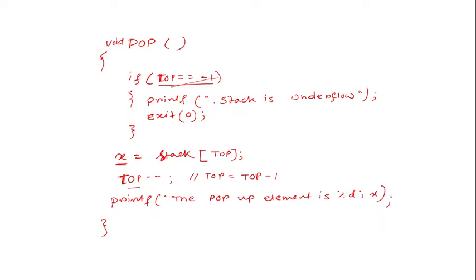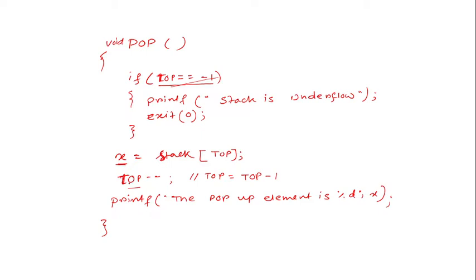Otherwise you can store the element, x equal to stack top, and top minus minus, just decrement the value. If you don't store this value, then you can't access it, you can't show what element you are actually removing from the stack.